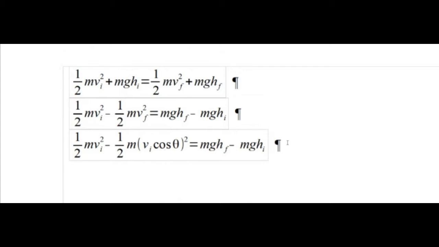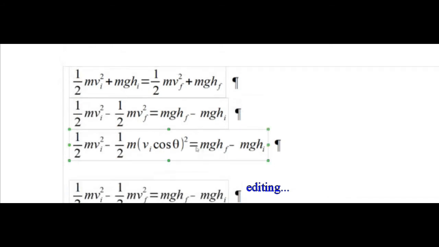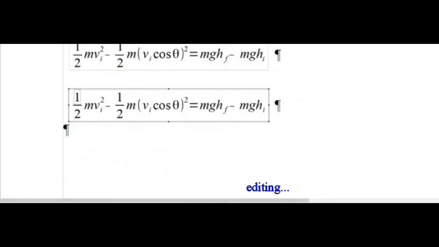So let's go ahead and stick that intermediate step in. So that's v i squared and cosine squared theta.